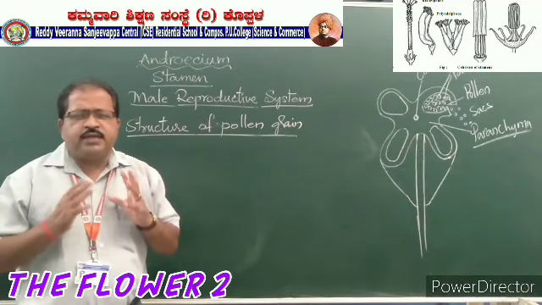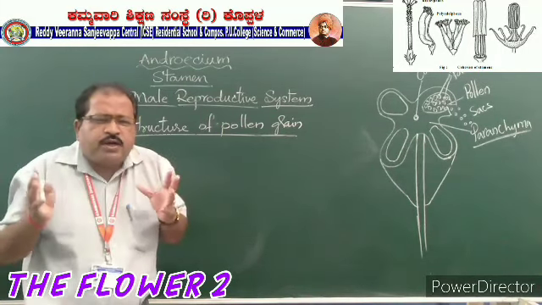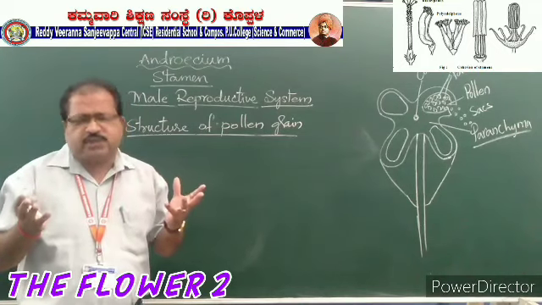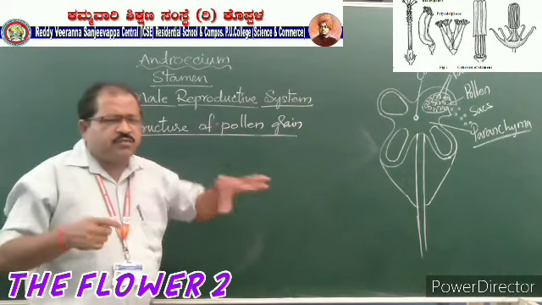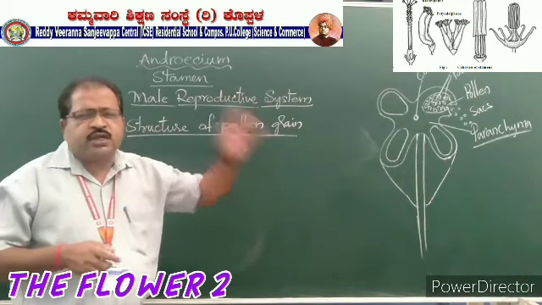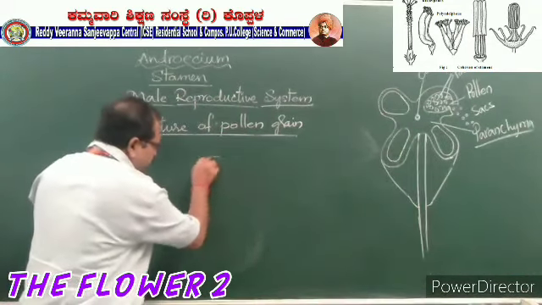That means the shape of the pollen grain differs between flowers. The most common structure is spherical and round in shape.